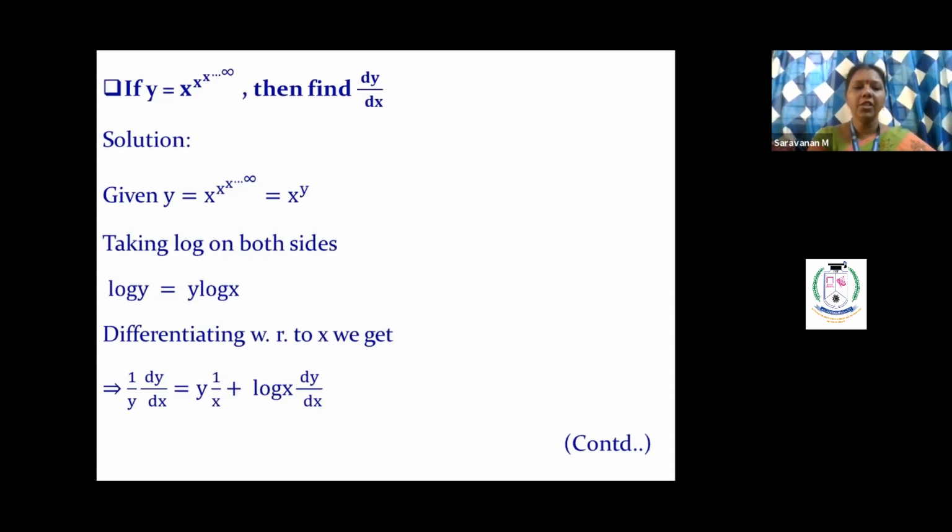Then differentiating with respect to x. Log y derivative is 1 by y dy by dx. Why do we get dy by dx? Because y is the dependent variable, so if you are differentiating y, we must write 1 by y dy by dx. And then here we have to apply the product rule. So y as it is, differential of log x is 1 by x, plus log x as it is, differential of y is dy by dx.